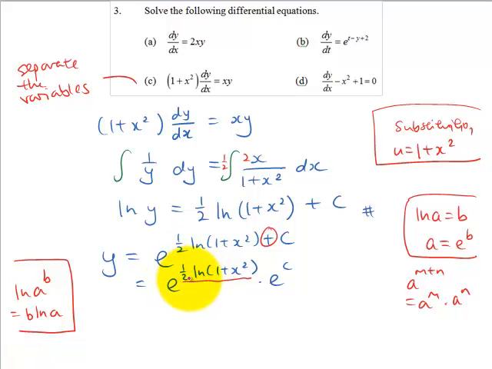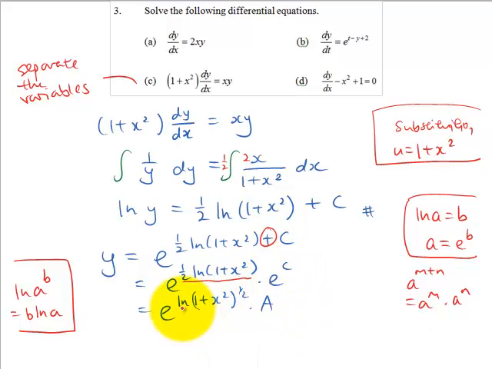So if I apply it to this half, half can become a power. Remember I said that exponential of a constant becomes another constant.